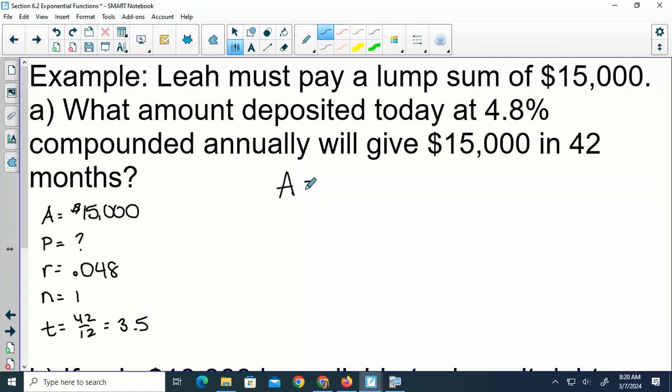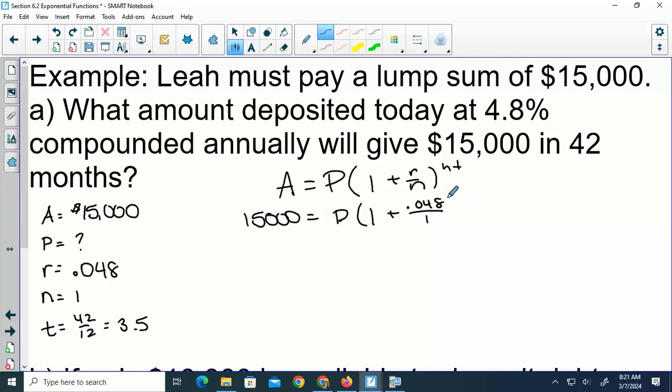So my formula. A equals P times 1 plus R over N to the NT power. Plug in what we have. A is 15,000. I don't know P. R is 0.048. N is 1. 1 times 3.5.